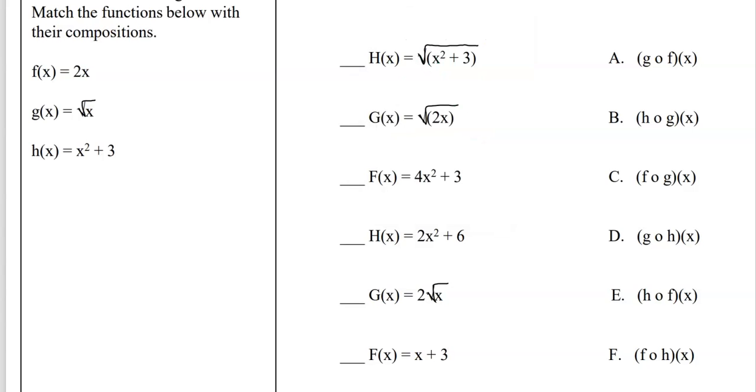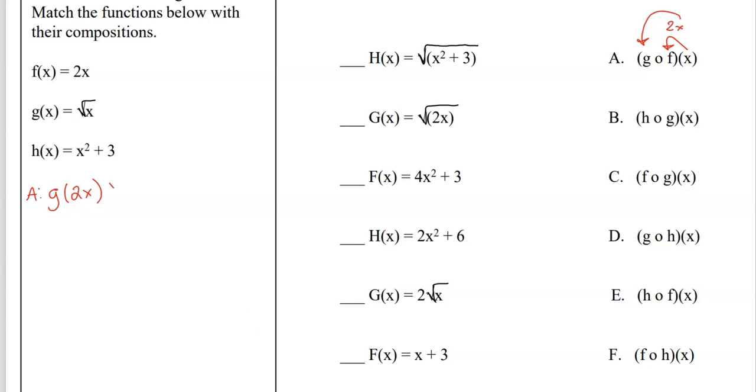All right, g of f of x. So I have to take x and plug it into f first, which is just going to be 2x. Do we agree? So I'm going to take 2x and plug that into g. So instead of g of x, it is now g of 2x, because we're plugging our f function into the x values in g.